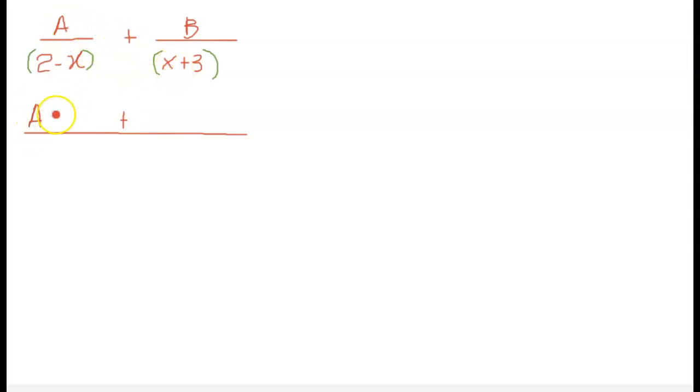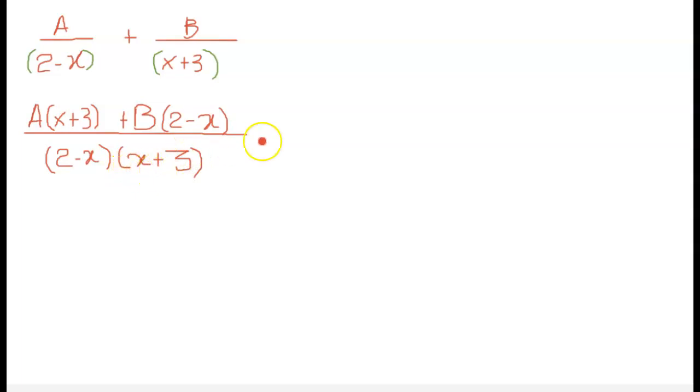This x plus 3 will come on this side. Sorry, x plus 3, not minus. B is there. This 2 minus x will come on this side. And at the bottom, you multiply them together. Yeah, so we got that bit.